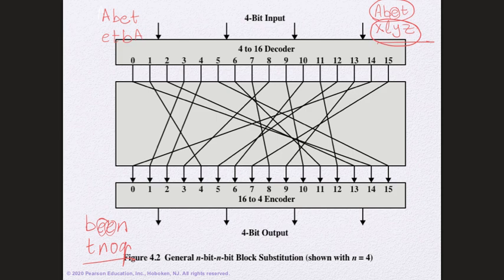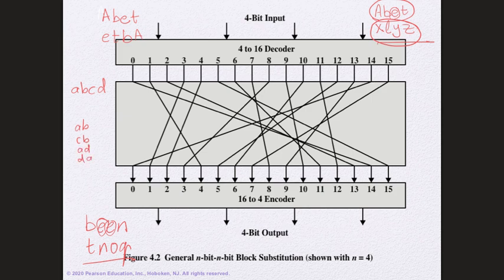If I have an alphabet composed of only the letters A, B, C, D, so an alphabet of only 4 letters, and my block is going to be 2 letters, then I can send, for example, AB or CB or AD or DA or whatever.